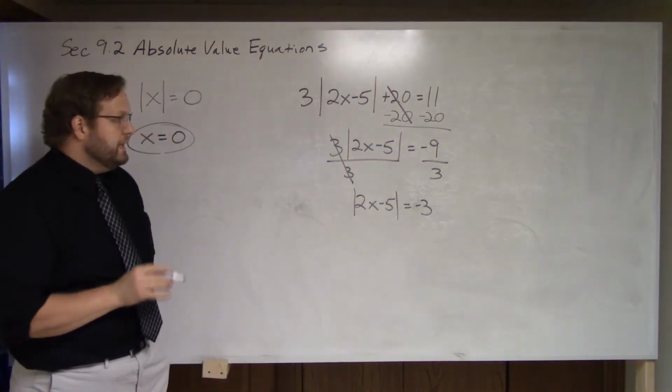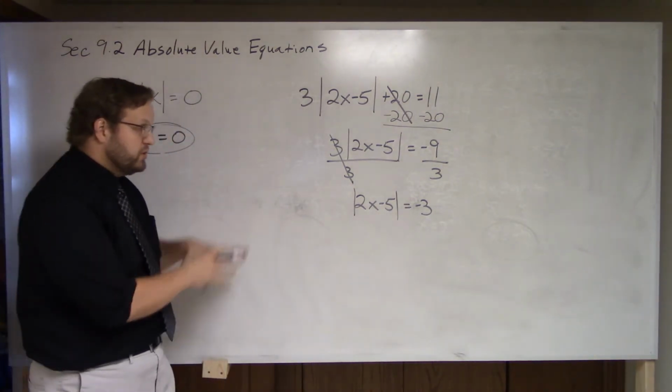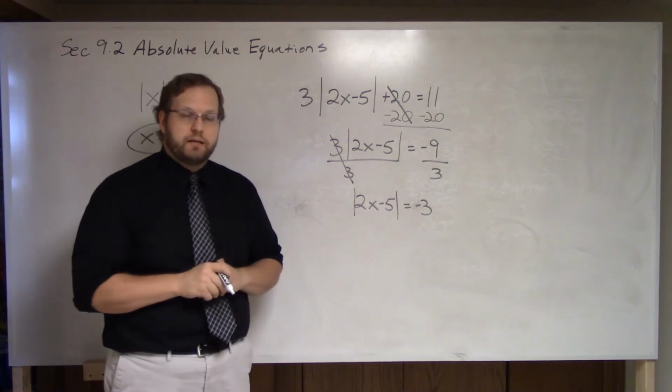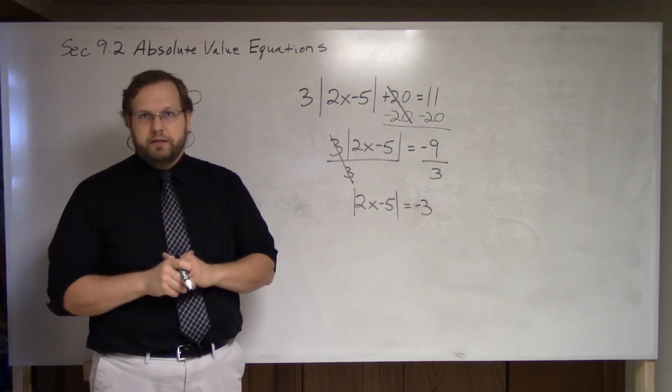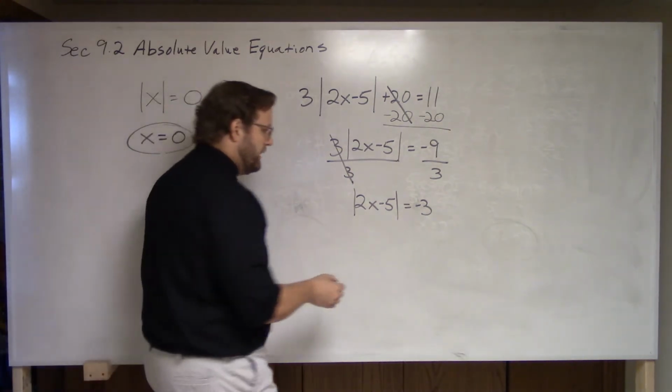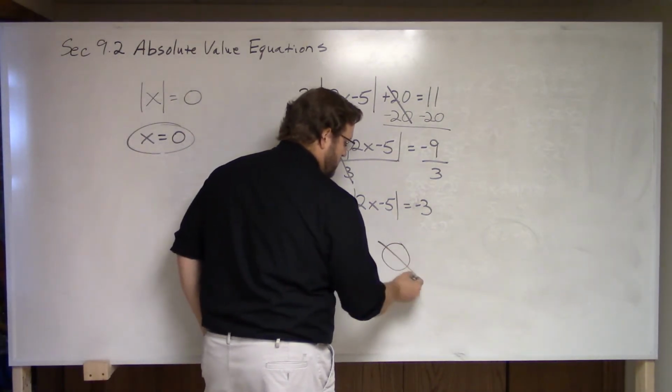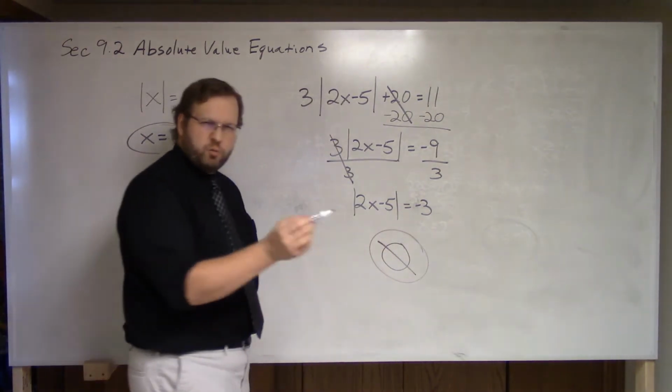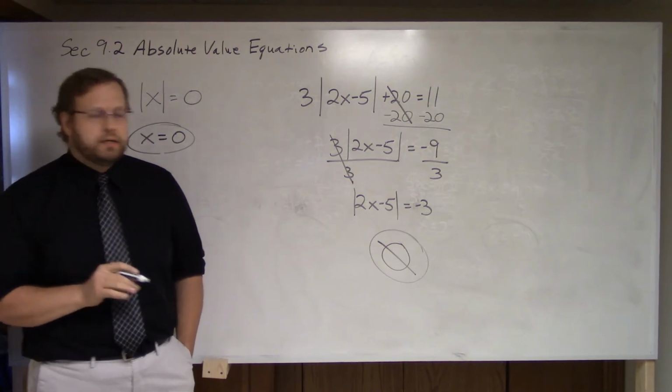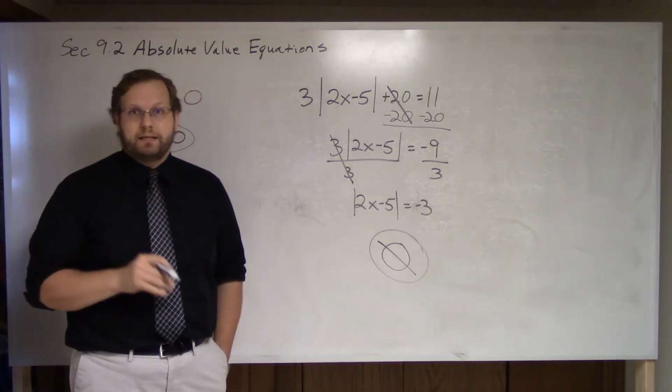Okay, now at this point, we will be dropping the bars, then drop the bars, change the sign. But here, don't even bother. In this case, our answer is simply no solution. If you write out the words no solution or do that empty set, either one will work. Now, why is that the case?